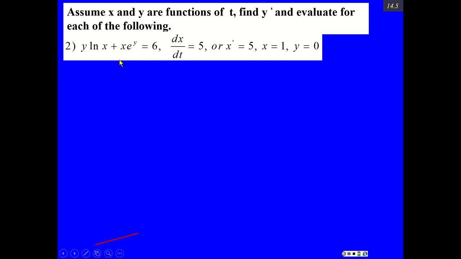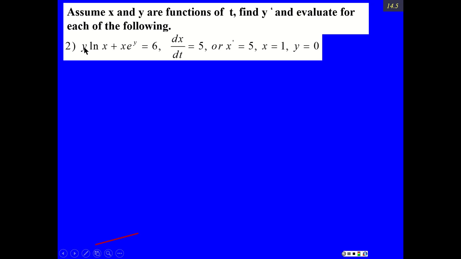Now, in this problem, by looking at this, we do have the value of dx/dt. Anytime you have a value of dx/dt, then when you get the derivative of an x, after you got your normal derivative, you have to say x prime, the same as you did for y.